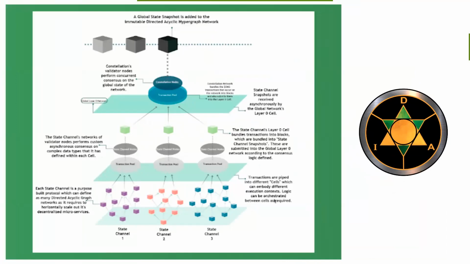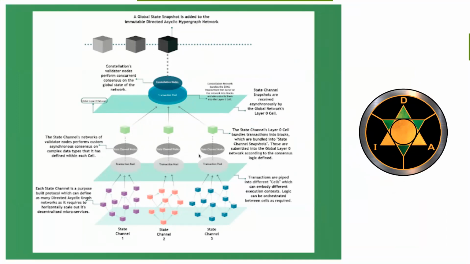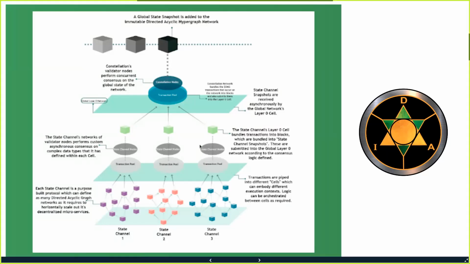So let's dive into this image. I don't necessarily expect you to fully understand this at this point, but at least I wanted to share this with you because it's something that is really, I think, key to the reality of the local context we have here. Down here, this is a picture from the Constellation distributed ledger technology, or blockchain, I don't know if I should call it blockchain, but they call it DAG Constellation.